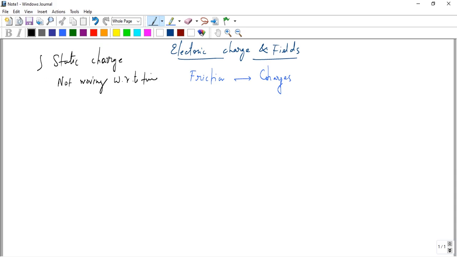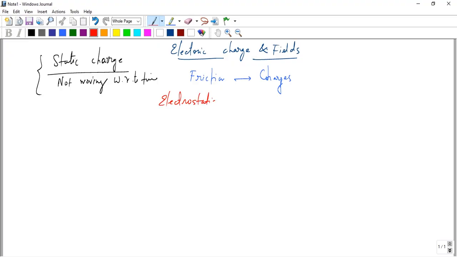That is called a static charge. And a dynamic charge is moving with respect to time. So static charge does not move with respect to time. With that, we start electrostatics.